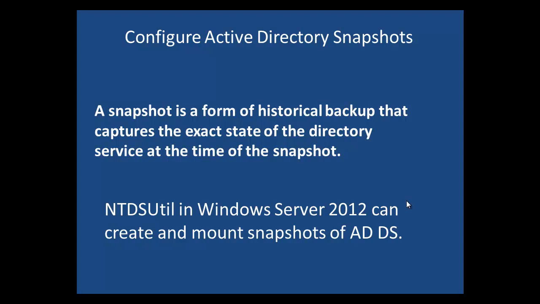A snapshot is simply a form of historical backup that captures the exact state of the directory service at the time of the snapshot. You can use tools to explore the contents of the snapshot and to examine the state of the snapshot at the time that the snapshot was made.